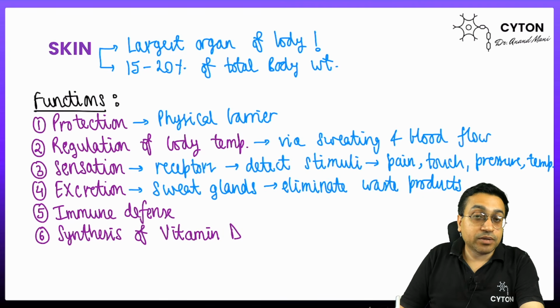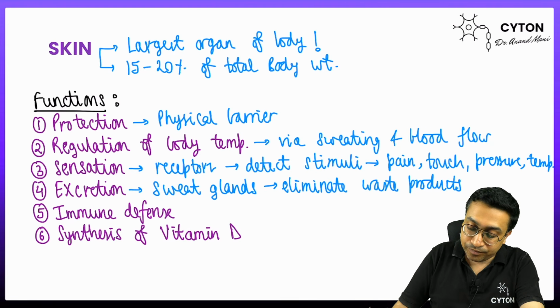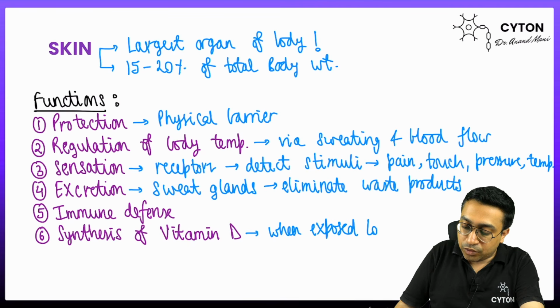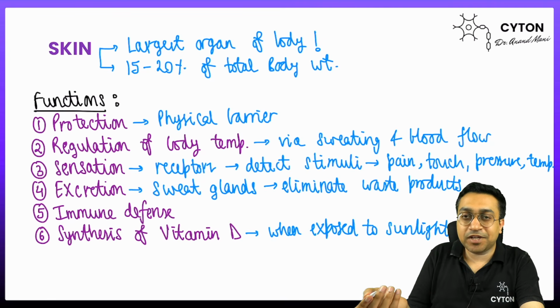Again, vitamin D, as you might be knowing, is produced by the skin when it is exposed to sunlight. And nowadays, if you check the blood profile, most of the people have low vitamin D, because most of them are sitting indoors playing games, working on computers.